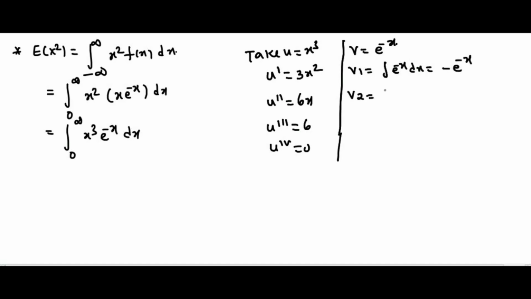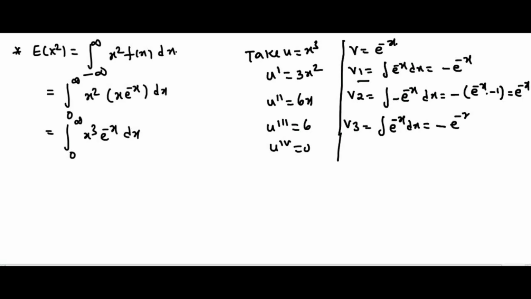What is v2? It is the integration of the previous one, v1, dx. Minus is a constant, so take it outside. If we integrate this, we get minus x into minus 1, that is equal to e power minus x. What is v3? v3 is the integration of e power minus x dx, which is equal to e power minus x.